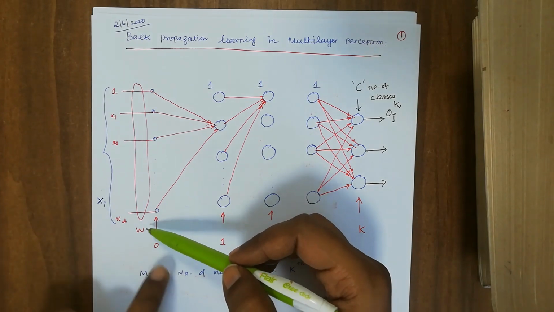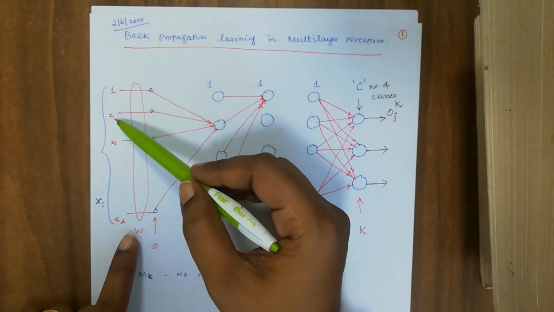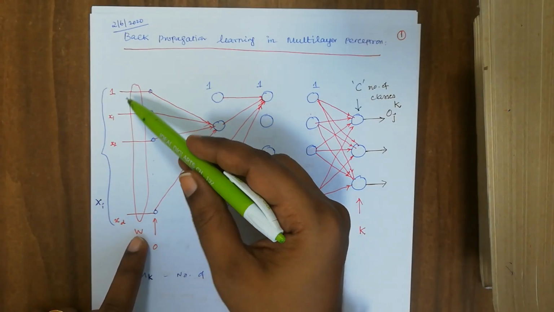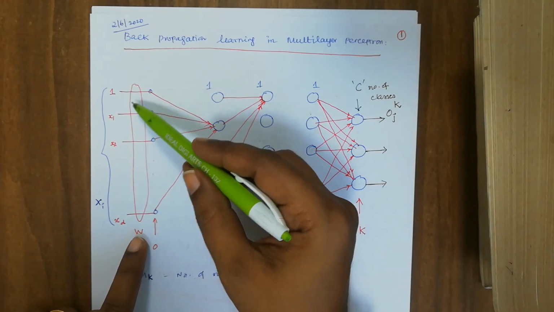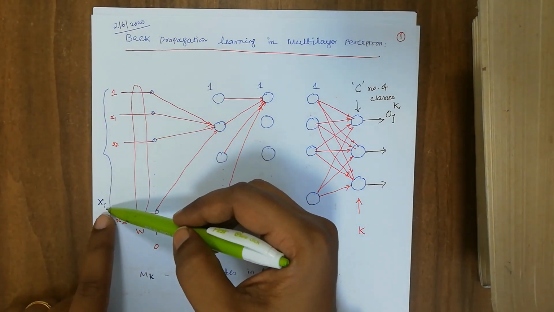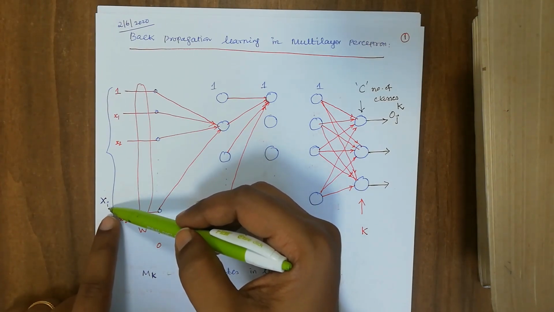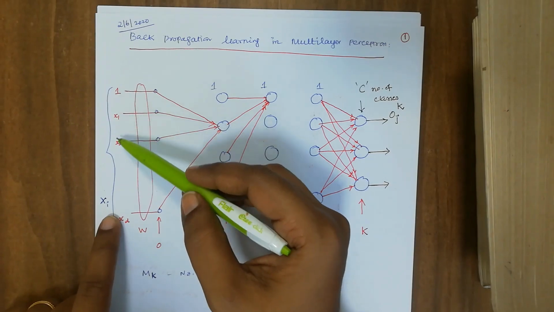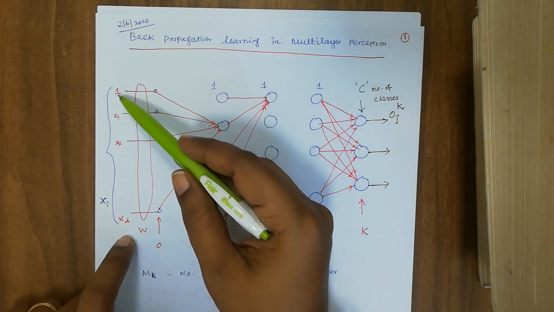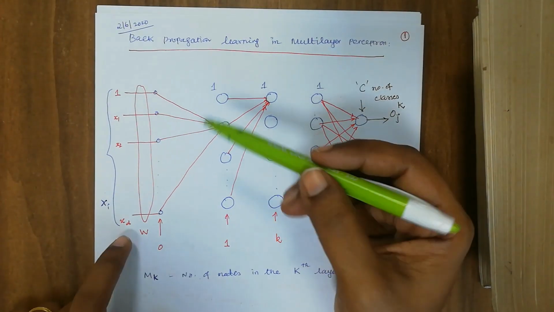Also it consists of the input layer which has the values x1, x2 up to xd, and it is weighted with the weight vector, which is given by the vector w. xi is the ith sample out of n samples. xi has the components x1, x2 up to xd, and then 1 is included in order to augment this feature vector.